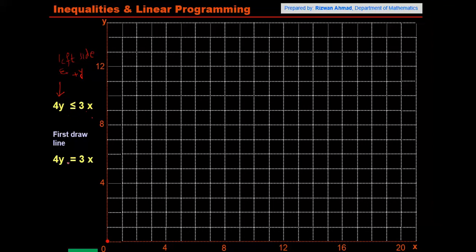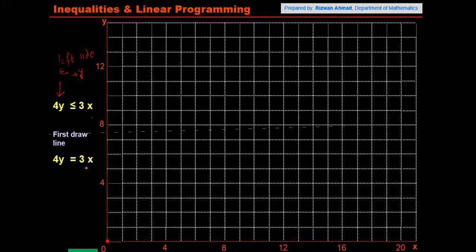Okay, now we will first draw the line 4y is equal to 3x. You know that there is no y-intercept in this, so it will pass through the origin, and by putting some suitable values you can also draw, like putting x 0, so we'll get y 0, putting x is equal to 4, we'll get y is equal to 3.